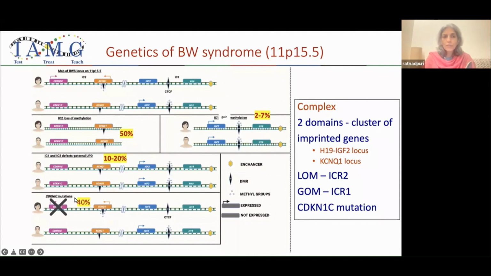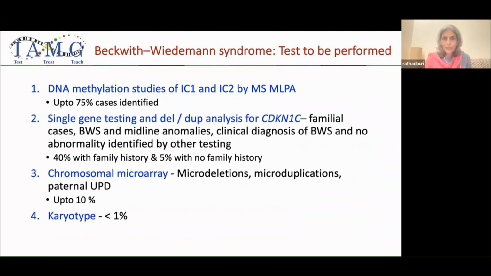In 40% of patients with Beckwith-Wiedemann, there is one gene, the important CDKN1C gene, which has a mutation, and that causes Beckwith-Wiedemann syndrome. And in a small percentage, there is gain of methylation of imprinting center 1. These are the mechanisms that cause Beckwith-Wiedemann syndrome, and the reverse mechanisms cause Silver-Russell syndrome.